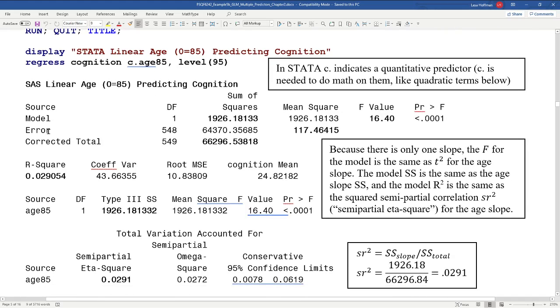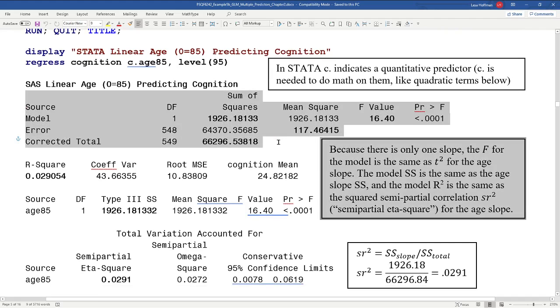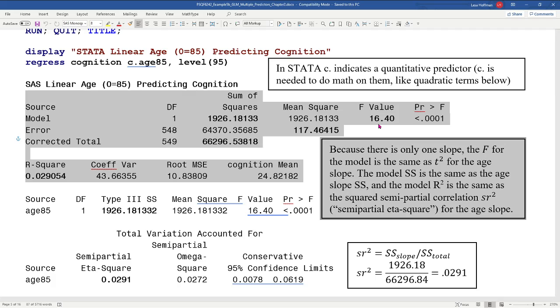So our results then, we have the overall test of the model given by the first two boxes of the SAS output. So we only have one slope in the model, the effect of age. We do have a significant model, meaning that there is a significant relationship between cognition as predicted by age and the real cognition.